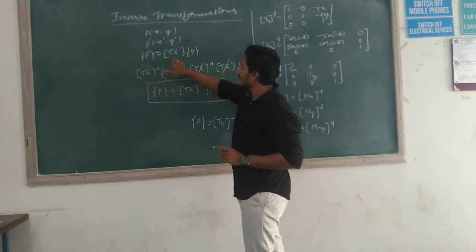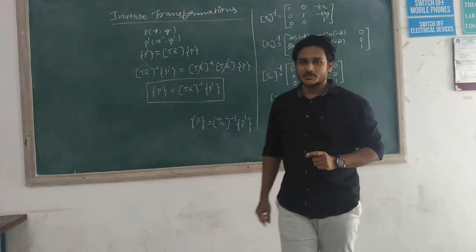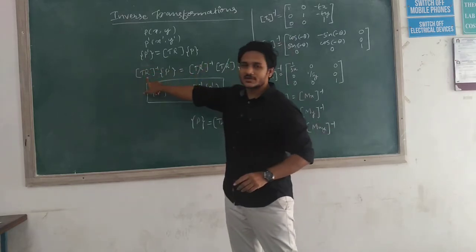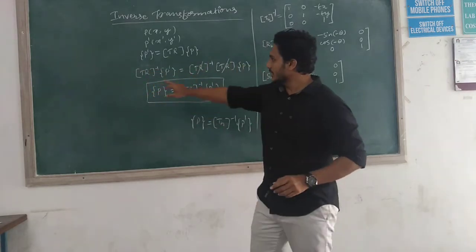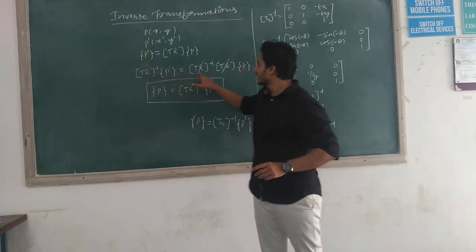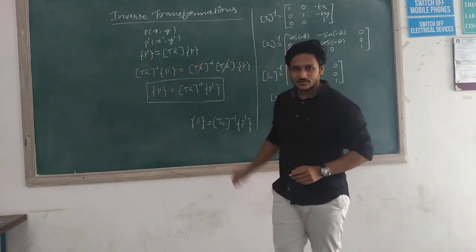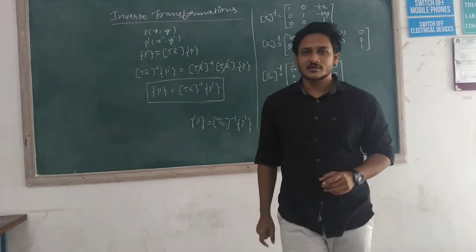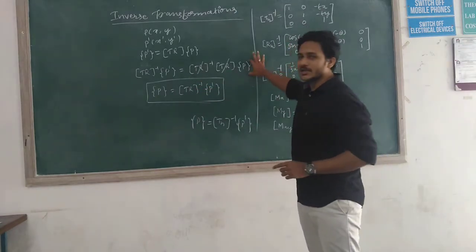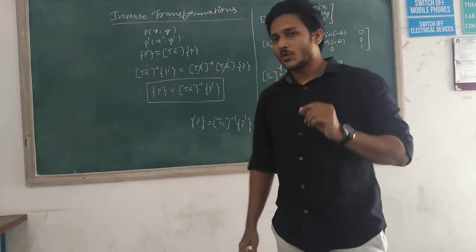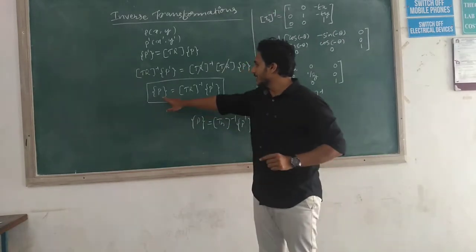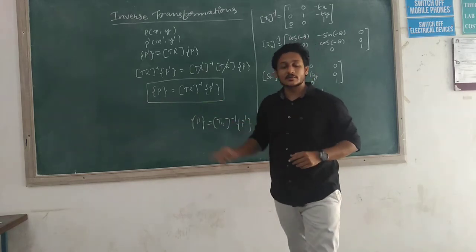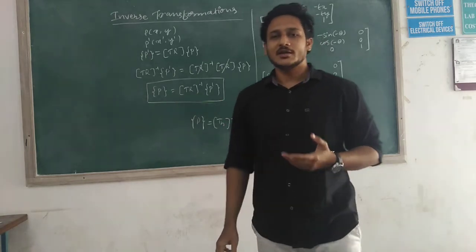I have P dash equal to the transformation matrix into the initial point. I multiply both sides by the inverse transformation matrix. The transformation matrix and its inverse cancel, and I am left with only P, the initial point. So P equals the inverse transformation multiplied with the transformed point P dash.